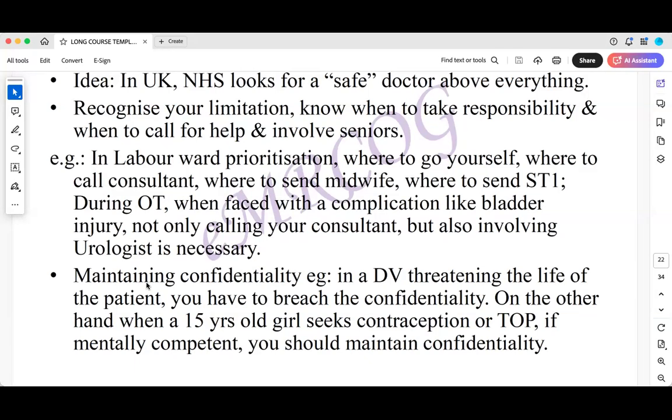So, for example, you have a patient who is 15 years old, and she comes to you asking for termination of pregnancy. And you missed asking her about the partner, who the person is.